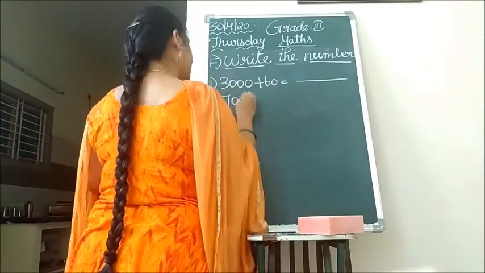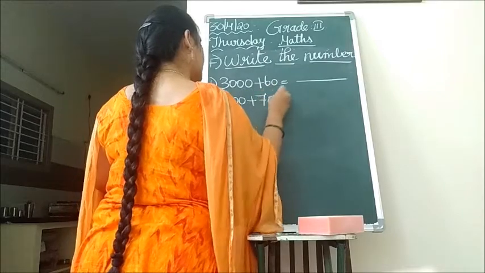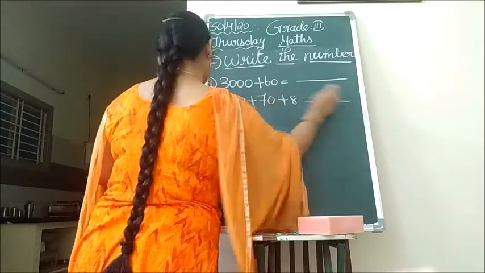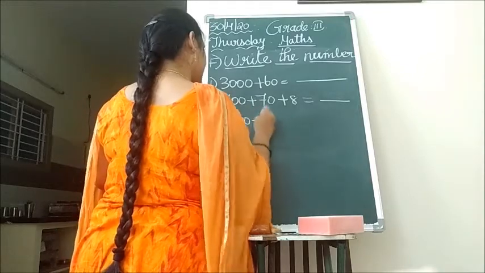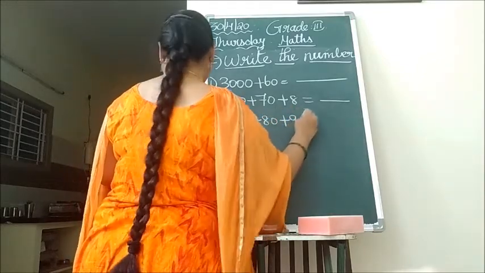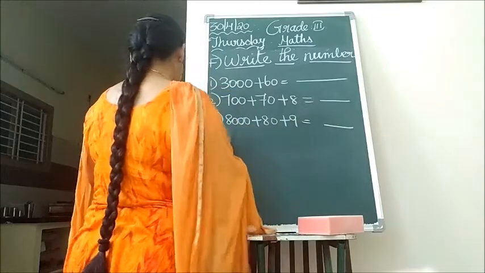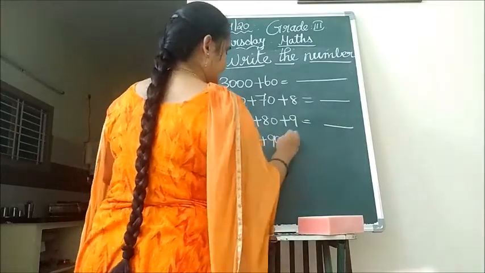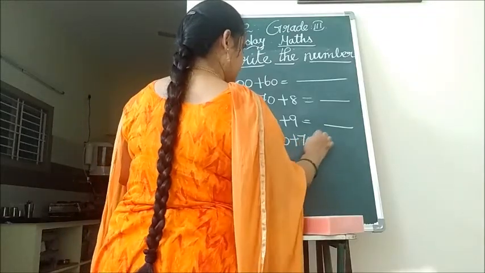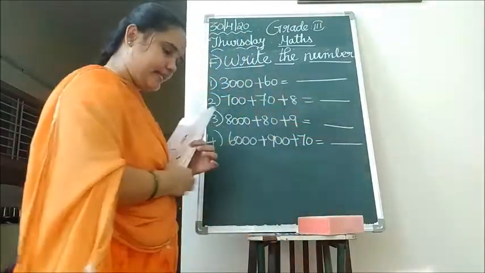Second one, 700 plus 70 plus 8. Third one, 8000 plus 80 plus 9. Next, 6000 plus 900 plus 70. Now let us write the number.